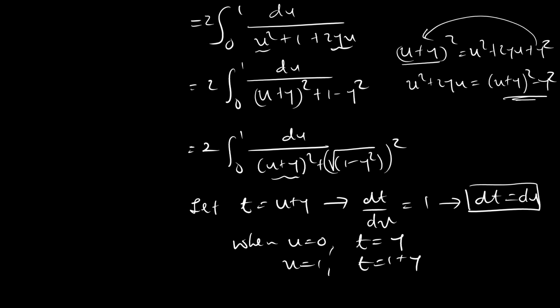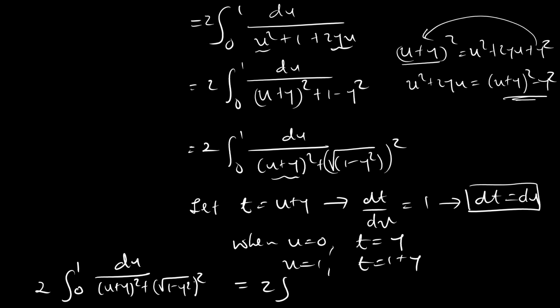So our problem becomes twice the integral from t equals y to t equals y plus 1 of 1 over t squared plus the square of the square root of 1 minus y squared.